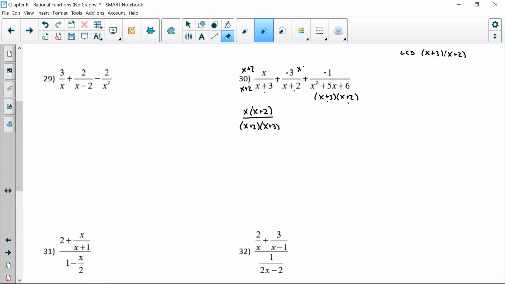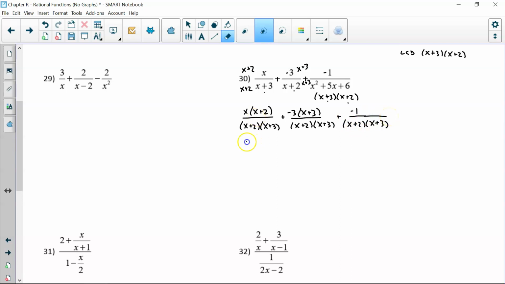Second fraction, I multiply by x plus 3 over x plus 3. So we get plus negative 3 times x plus 3. Careful of your signs. X plus 2, x plus 3. Plus, now we already have the common denominator, which is negative 1 over x plus 2, x plus 3.